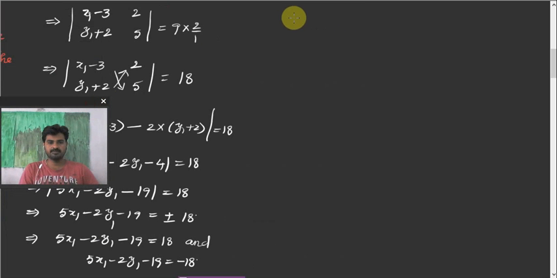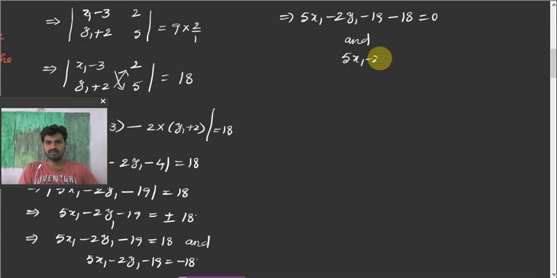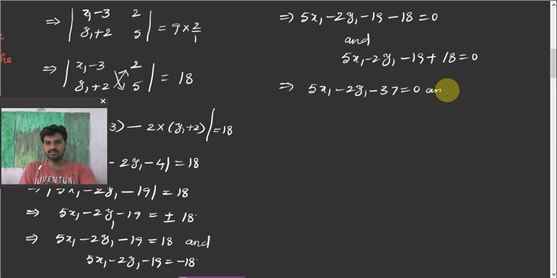The final step is simplifying: 5x1 minus 2y1 minus 19, bring minus 18 from right to left, is equal to 0, and one more equation is 5x1 minus 2y1 minus 19 plus 18 is equal to 0. So now simplifying these two, 5x1 minus 2y1 minus 37 is equal to 0, this is equation one. Next, 5x1 minus 2y1 minus 1 is equal to 0. They are the simplification of the two equations.